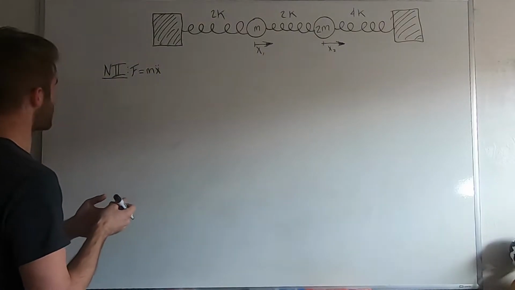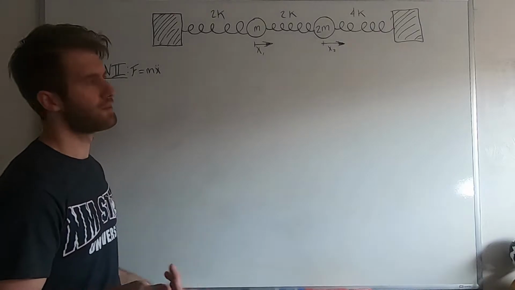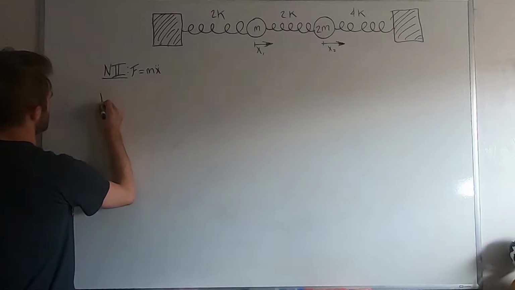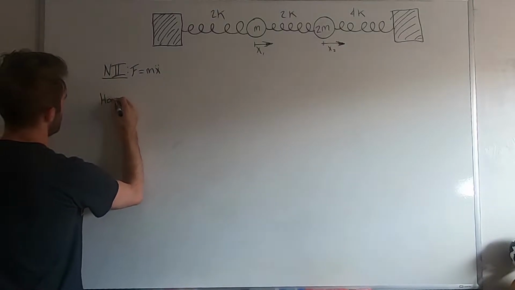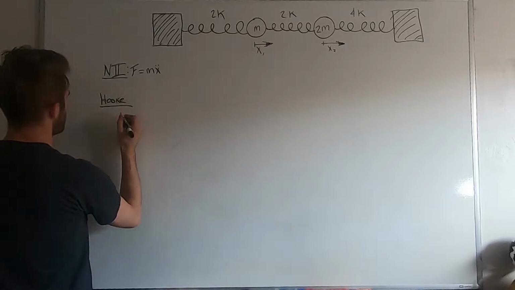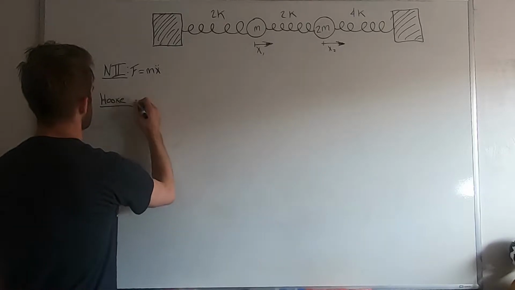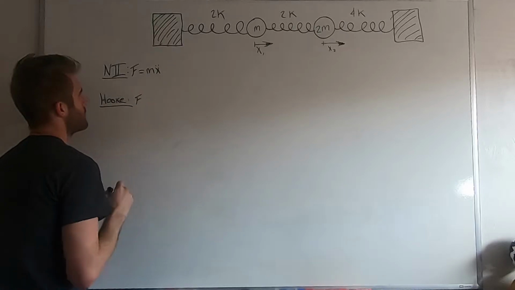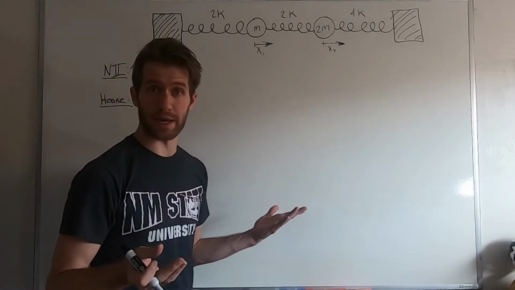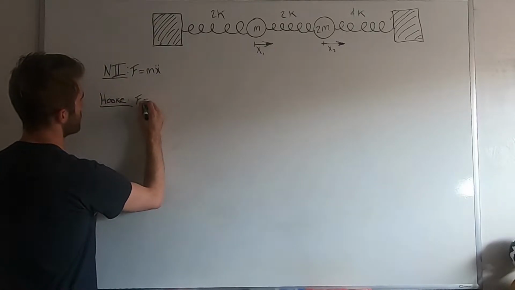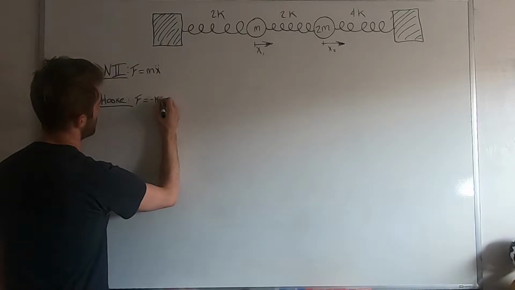So next, what else do we need? We need Hooke's law, right? So Hooke's law says, so we got Hooke here. Hooke's law states that the force, when you're dealing with a spring, is equal to minus kx.